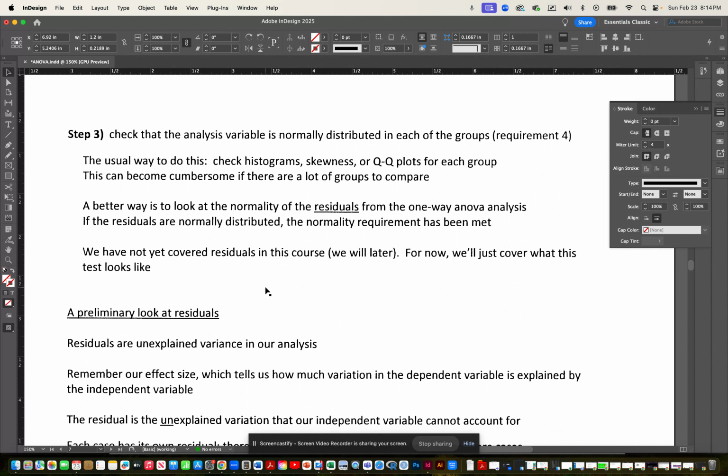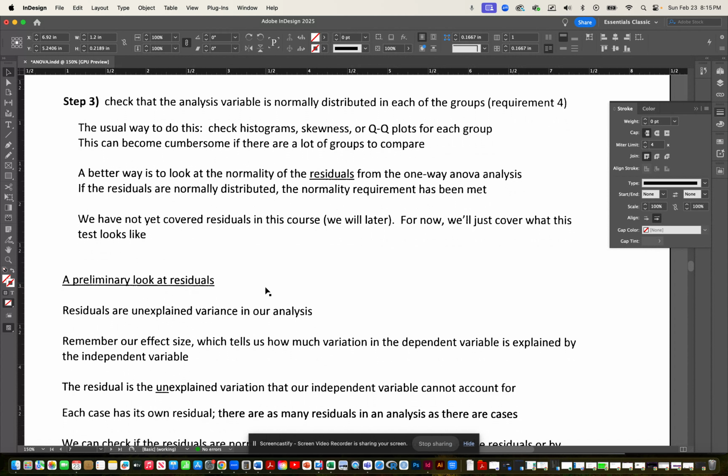And then if that's how much the format affects the cells, well, then the opposite would be true. Like there's some kind of measure that explains or that covers the unexplained variation. There's something else at play, and that's what the residual is. It's the unexplained variation that our independent variable cannot account for. So there's something else affecting the cells besides just the format of the point of sale display.